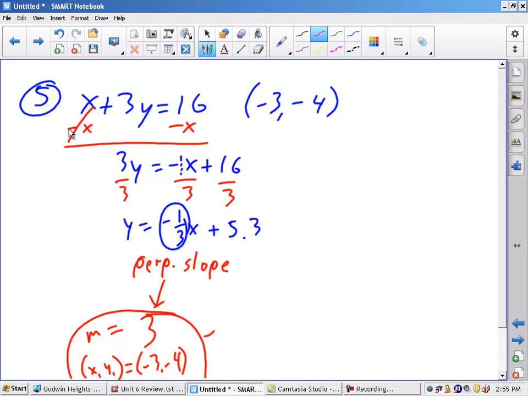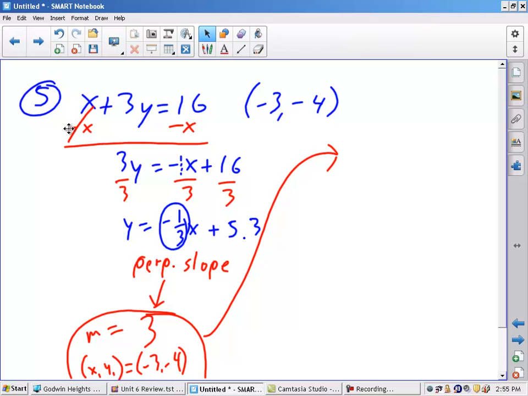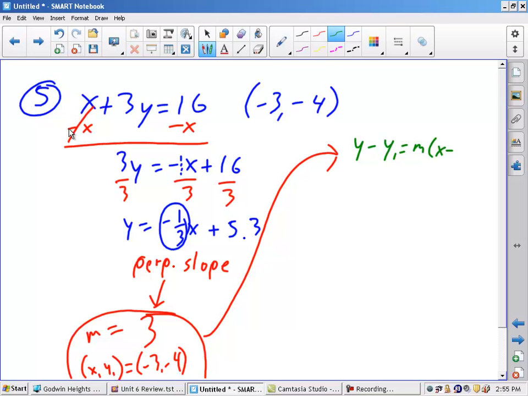So I take all this information and bring it over here. I'm going to do y minus y1 equals m times x minus x1. Plugging in my information: y minus negative 4 equals m, which is 3, times x minus negative 3.